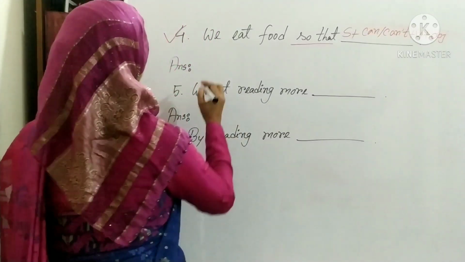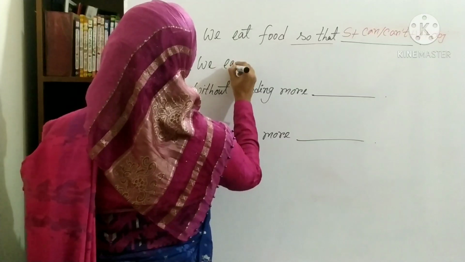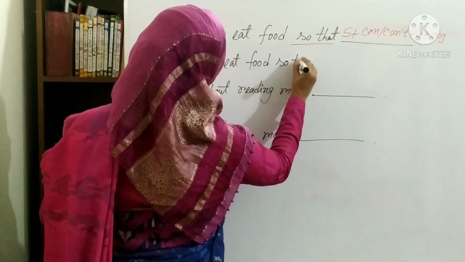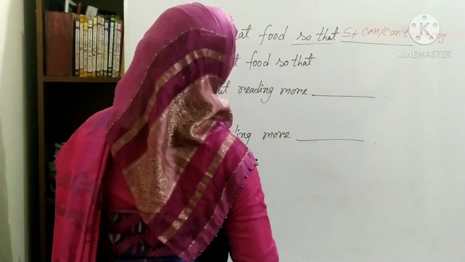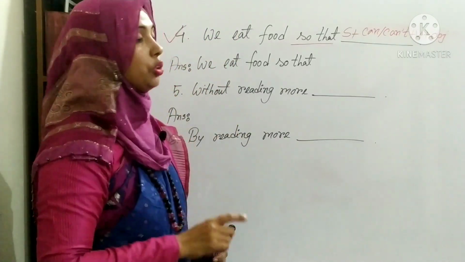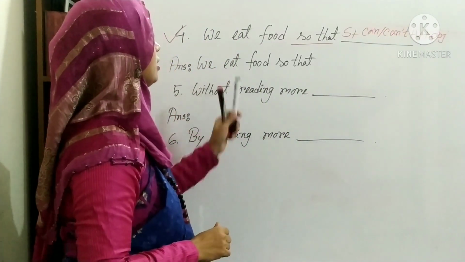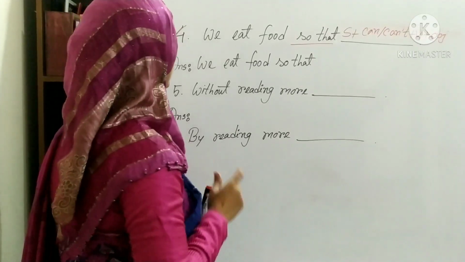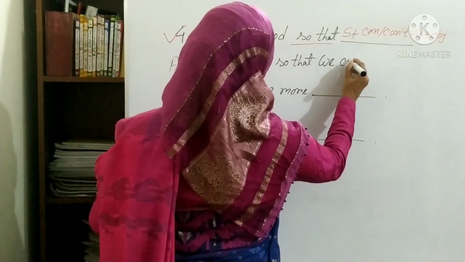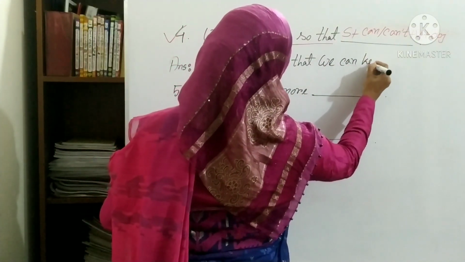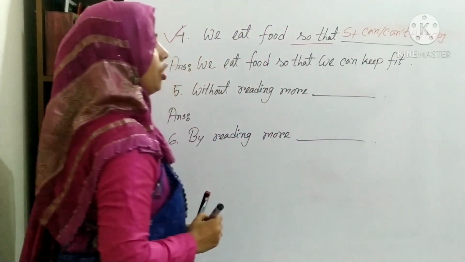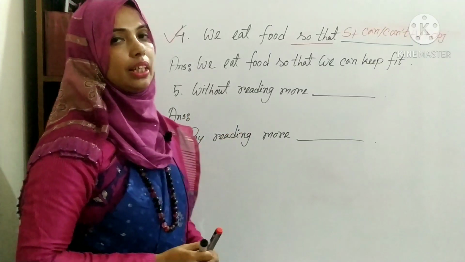So what will be our answer? Our answer will be, we eat food so that. When we complete the sentence, you have to keep in mind that the sentence will be related to the context. We eat food so that we can keep fit. Okay, we eat food so that we can keep fit.